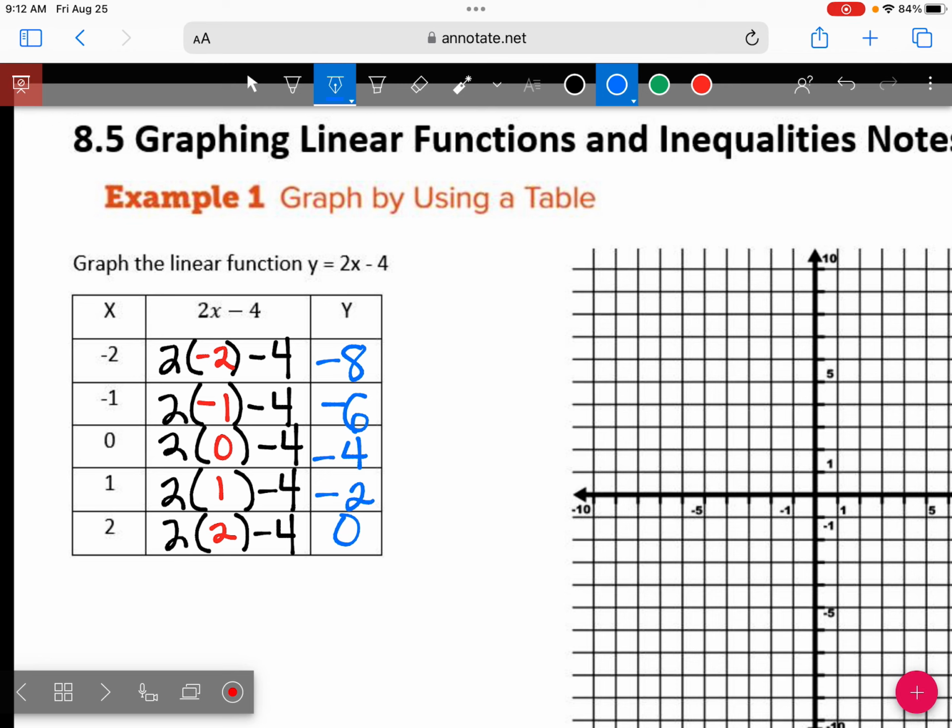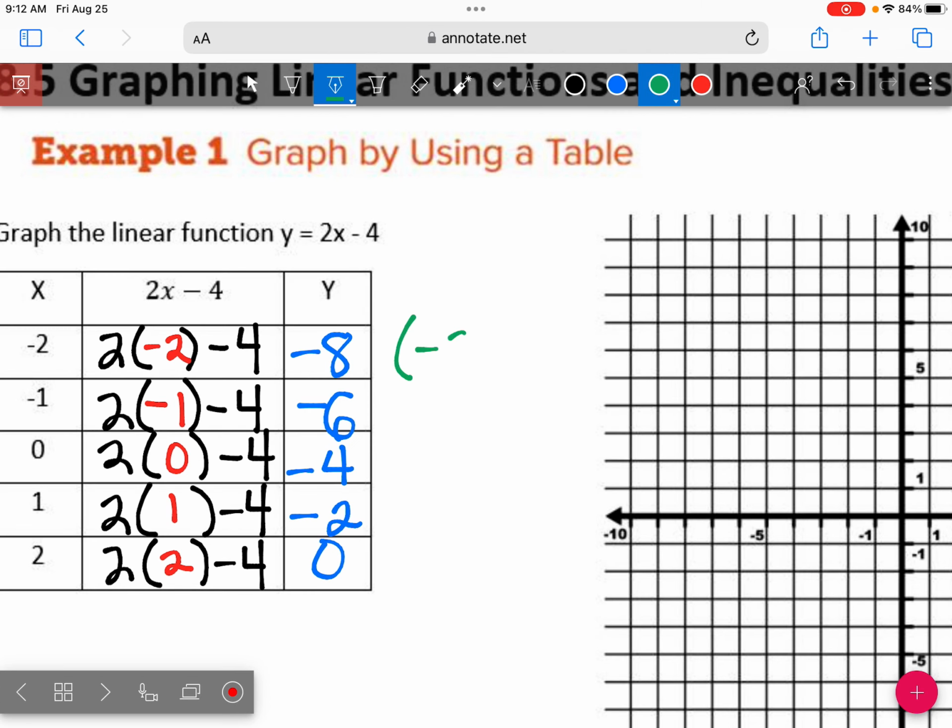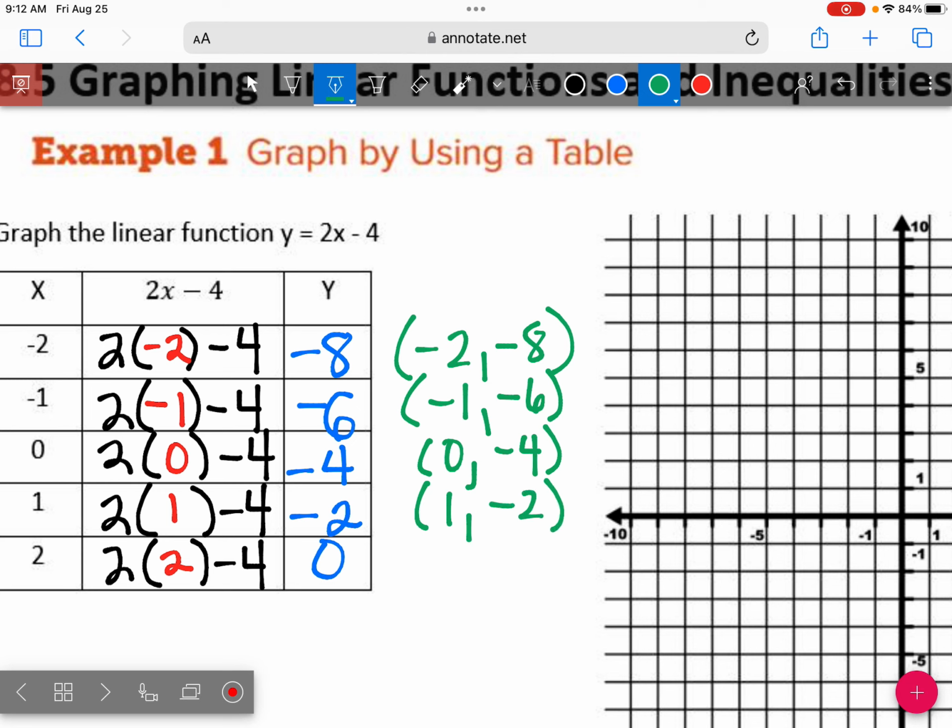So you should have -8, -6, -4, -2, and 0. Who got that? So these represent 5 ordered pairs that you're going to plot. So put a point on the graph at -2, -8, and then plot a point at -1, -6. Plot a point at 0, -4. That's your y-intercept. Then put a point at +1, -2. And then a point at 2, 0. Plot those 5 points and then connect it with a straight line.